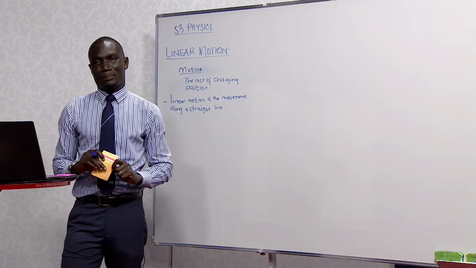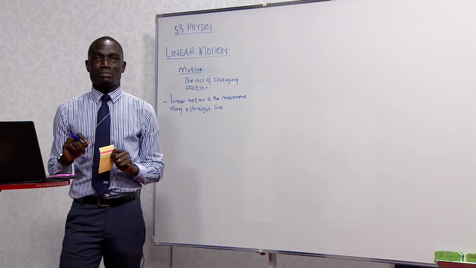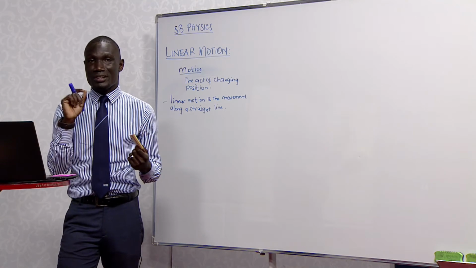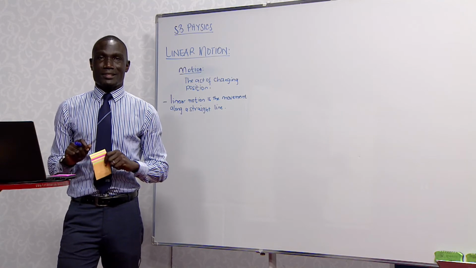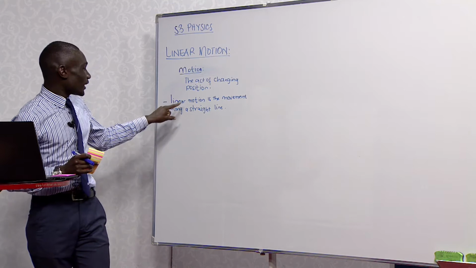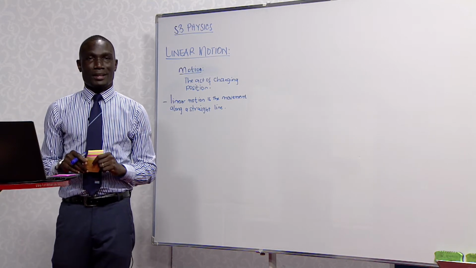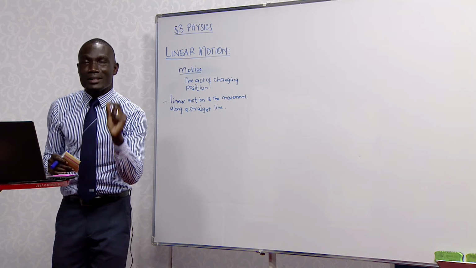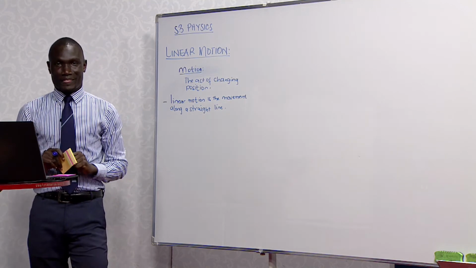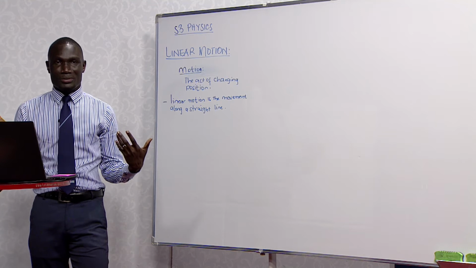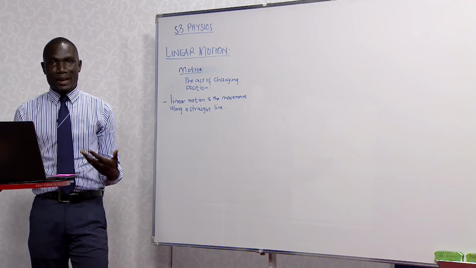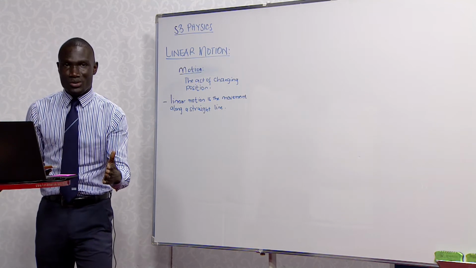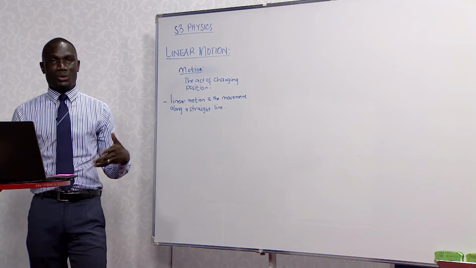Very important. The other thing I need to highlight, which is also key to understand, is that this linear motion can be horizontal, but it can also be vertical. I'm going to give you some examples of when the linear motion is horizontal and when it is vertical.